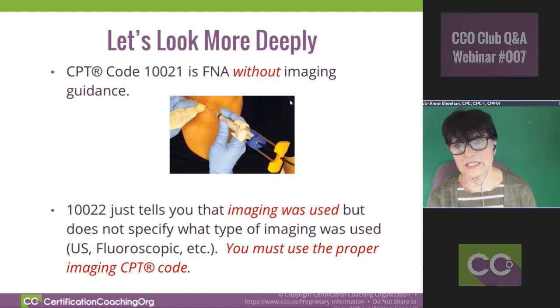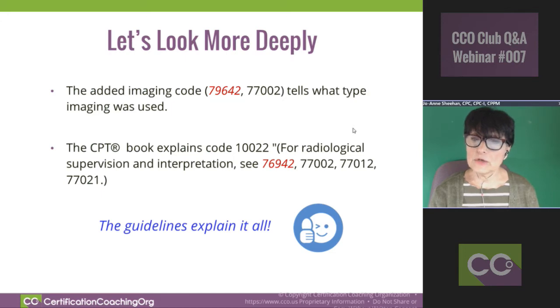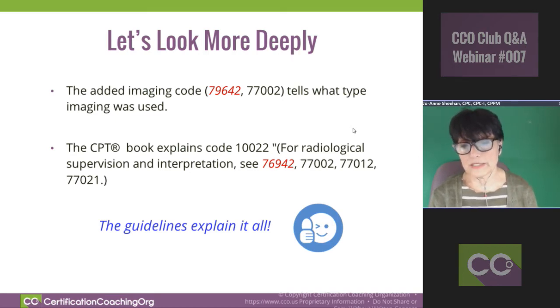Okay, but this is one without the imaging, and you can see there's no paraphernalia here next to that needle. So the added imaging code 76942 tells what type of imaging was used for this particular fine needle aspiration, and the CPT book does explain that the 10022 is for radiological supervision and interpretation, and those are the codes that they're giving you. So the guidelines explain it all.